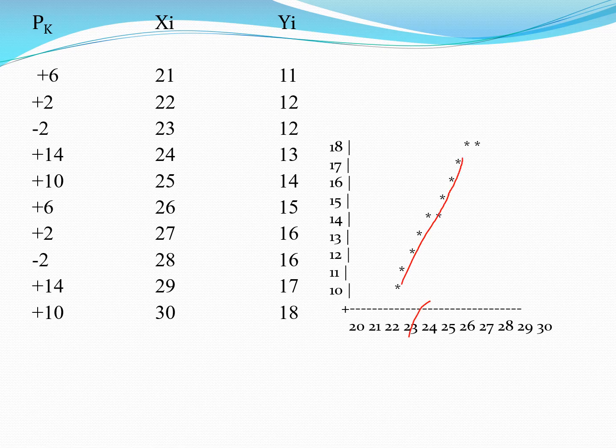This is how the Bresenham line drawing algorithm works. I hope this is clear. We'll do other examples with the Bresenham line, circle as well as DDA in upcoming classes. Thank you.